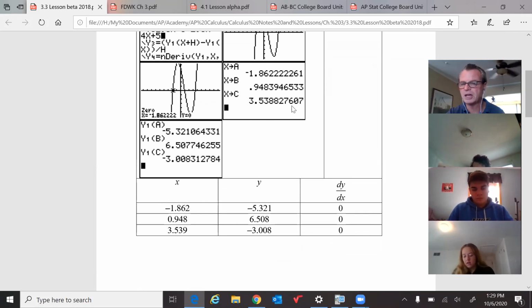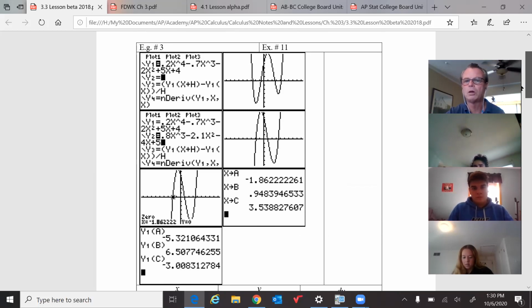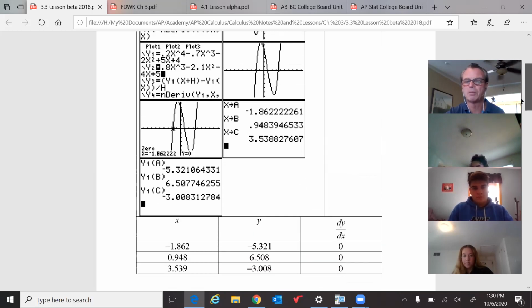But the important use of the technology here is storing these values, because then when you say y1 of A, all of that goes in the input in the function. If you round it before you put the input in, you're going to have a rounding error in your answer. Okay? So this is just a calculator exercise. We're going to pause this, and you're going to use this example to do exercise number 11.